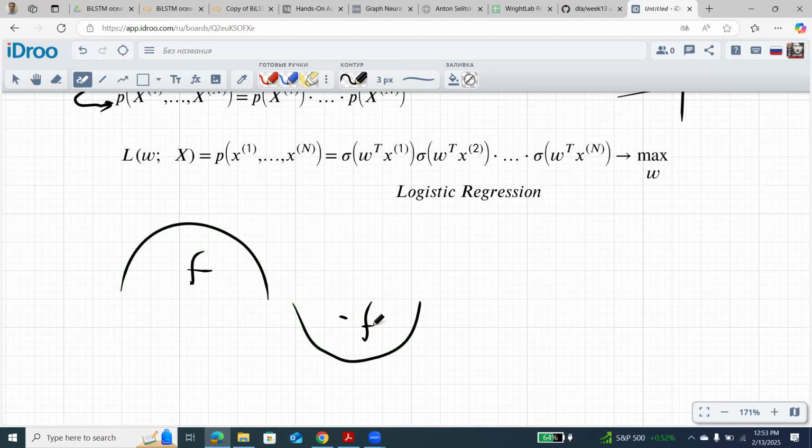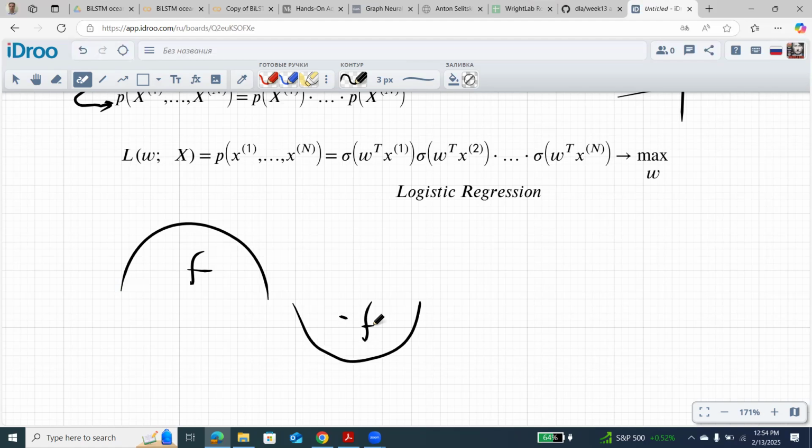I hope you agree that maximizing the first function is exactly the same: we will find exactly the same parameter if we minimize the negative function. So this is the first idea, that we can change maximization and minimization problems.